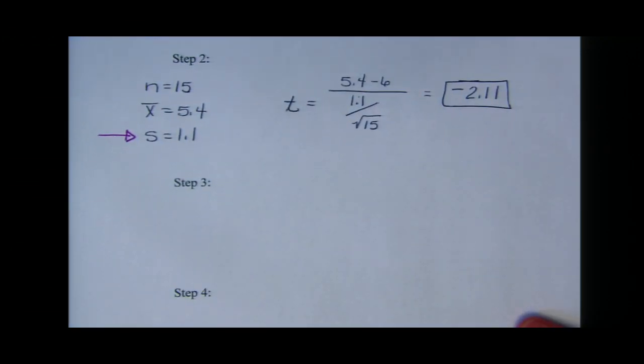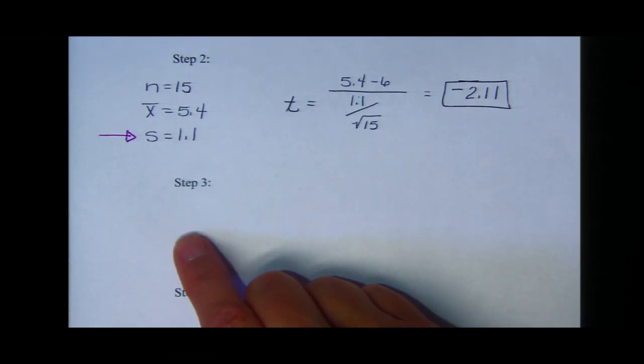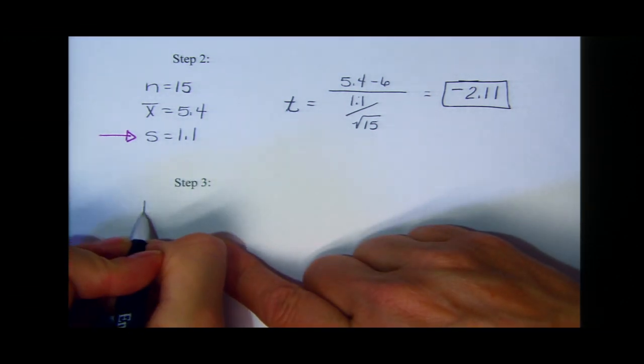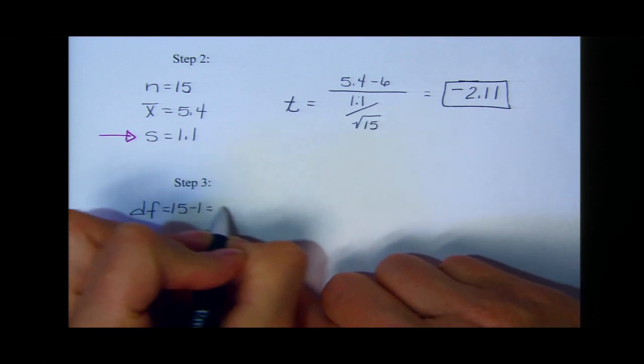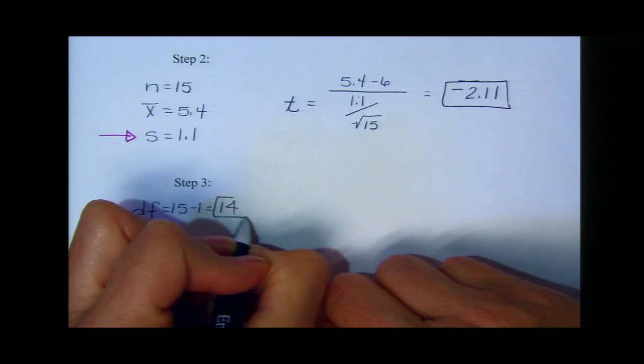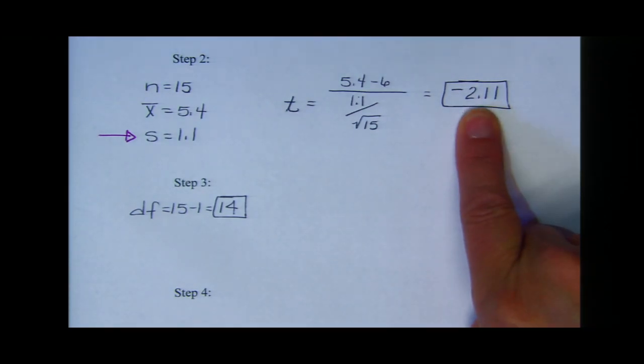Okay, so now we're going to take that test statistic and find the p-value in step 3. Since I have the sample standard deviation, I'm going to use the student's t-distribution table. That tells me I need the DF, which will be 15 minus 1, or 14. And I need to remember that the student's t-distribution table does not have any negative values on it.